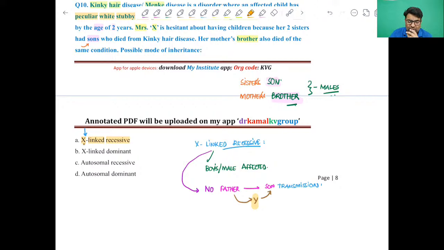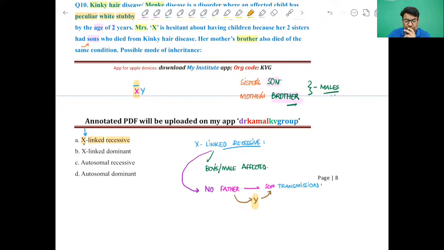And secondly, if the X is mutated here, the Y is not providing any sort of protection.